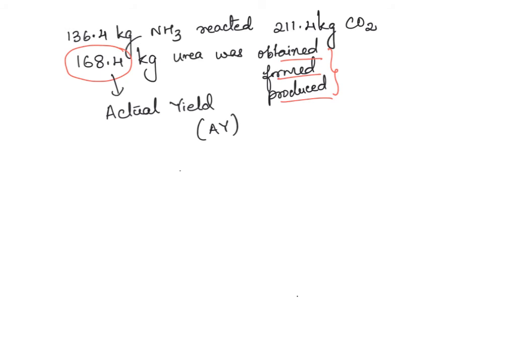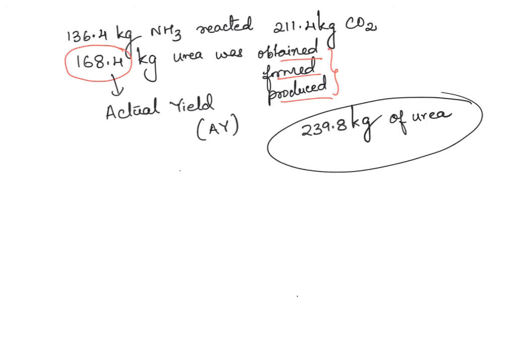Maximum, we could have produced 239.8 kilograms of urea. We found that out. We could have produced 239.8 kilograms of urea if there was 100% efficiency. But so much urea was not obtained. They obtained 168.4 kilograms of urea.